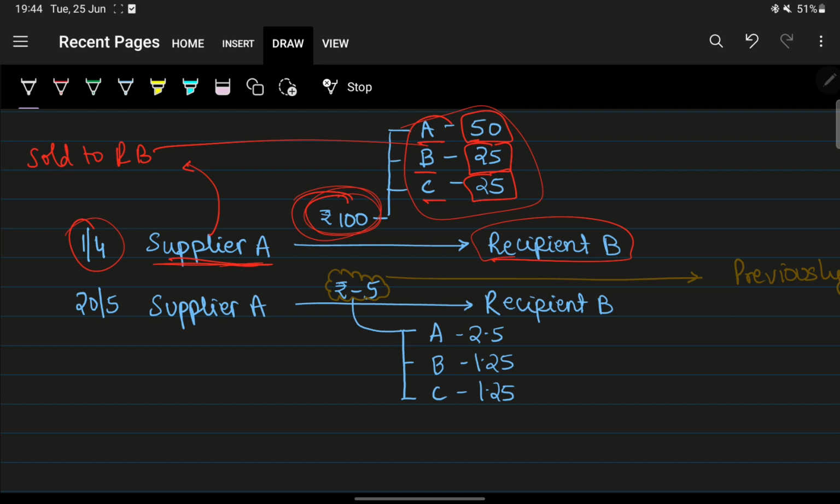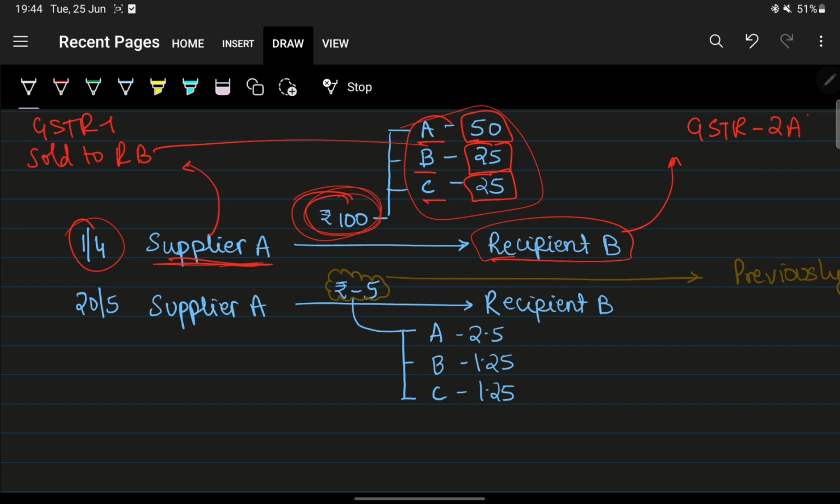For A, B and C invoices he will upload in GSTR1. Whatever he has uploaded in GSTR1 will promptly appear in recipient B's GSTR2B.